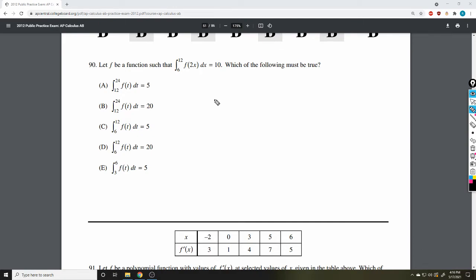So I want the integral of f of x. Well, the integral of f of x would be capital F of x, and I would evaluate it from a to b.